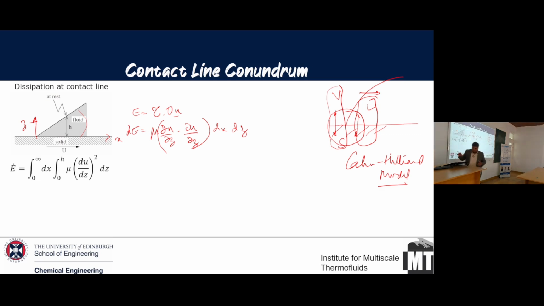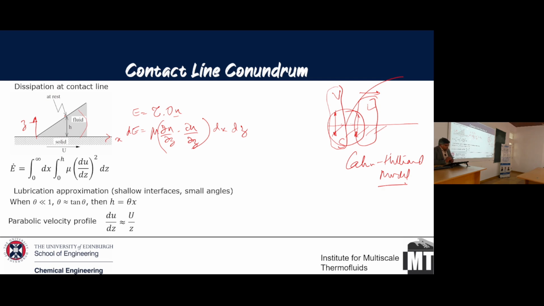To find the whole picture, if it's a big infinite solid, I'll have this double integral going from 0 to infinity in dx, and I bring all the dz terms there, going from say 0 to the height of the contact line, h.